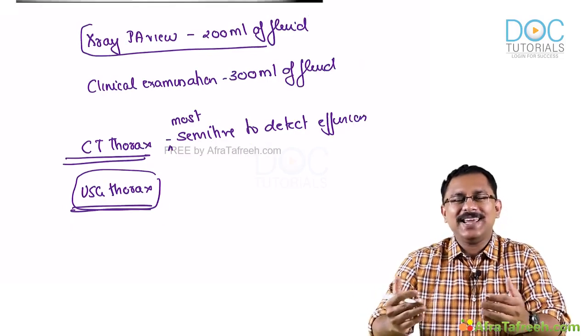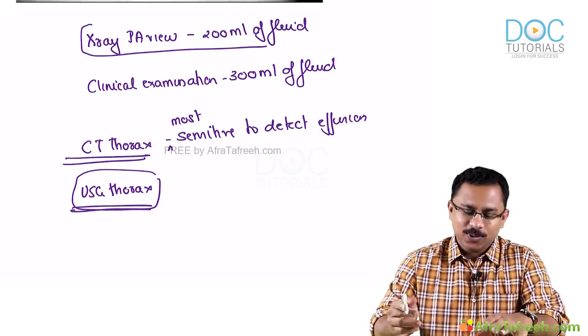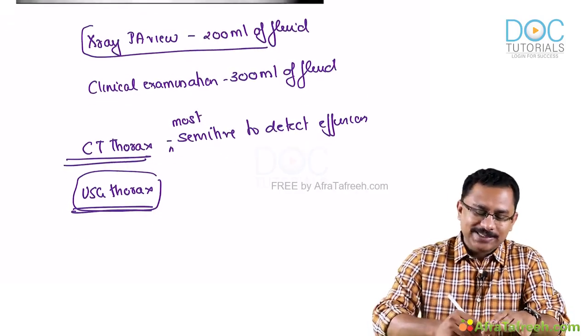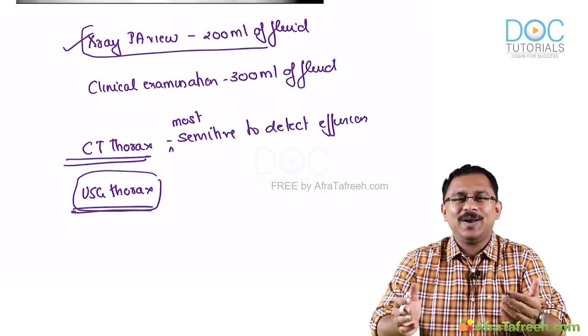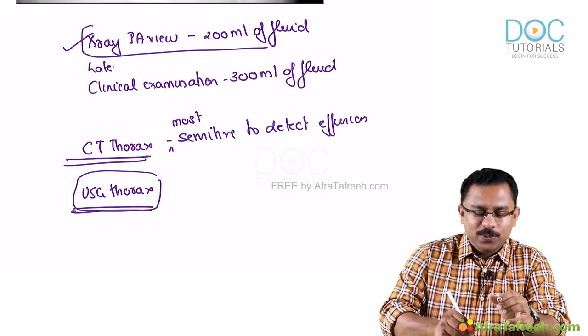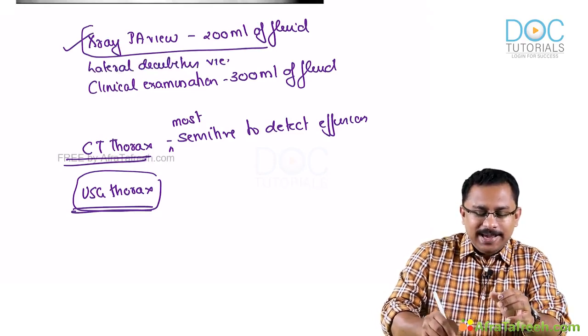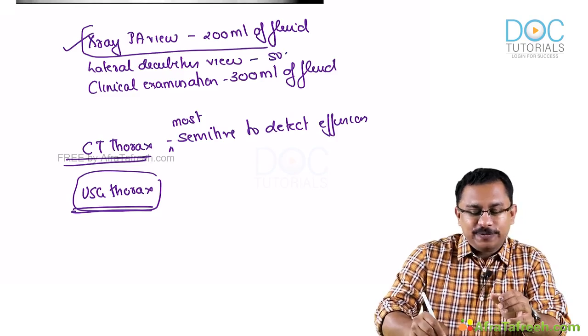So previously we used to do the lateral decubitus view X-ray. I told you the X-ray PA view can detect 200 ml of fluid. But remember, the lateral decubitus view can detect even up to 50 ml of fluid.